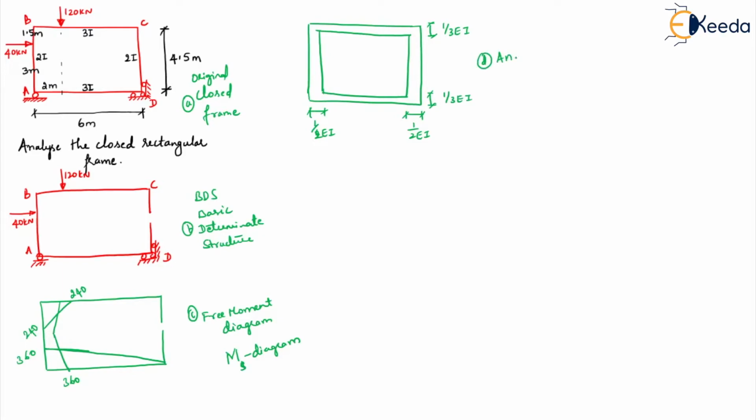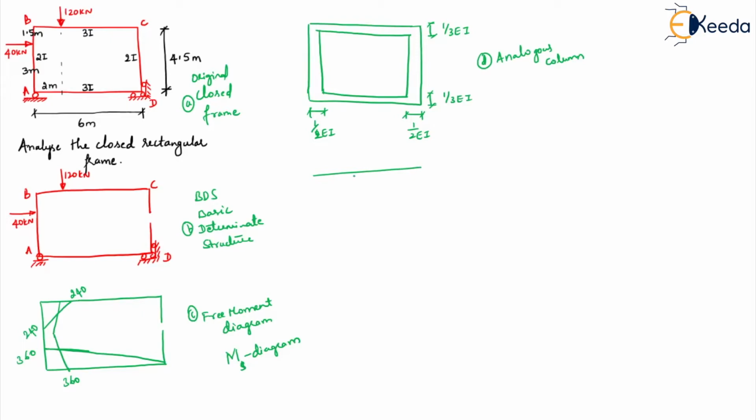We'll call this the analogous column. Now on this analogous column, what you need to do is draw the MS by EI diagram. This is your MS diagram. Now you need to do the MS by EI diagram, so you have to divide these values by the EI values you have.